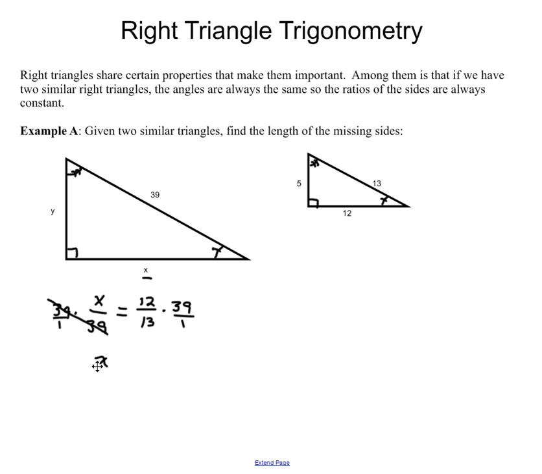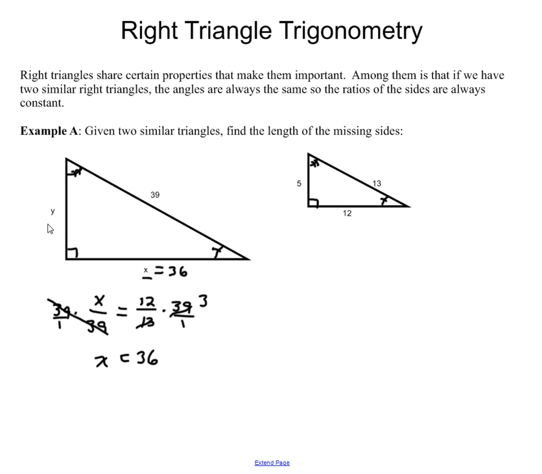That just gives us x. Of course, 13 goes into 39 exactly 3 times. And so we take 12 times 3, and that gives us our answer right here of 36. So this length must be 36 in order for these ratios of these sides to be exactly alike.